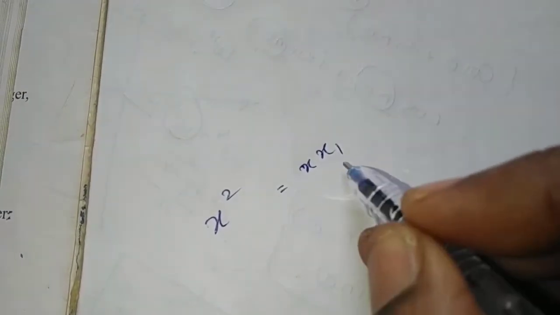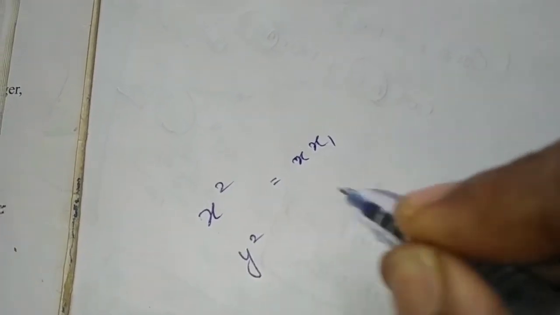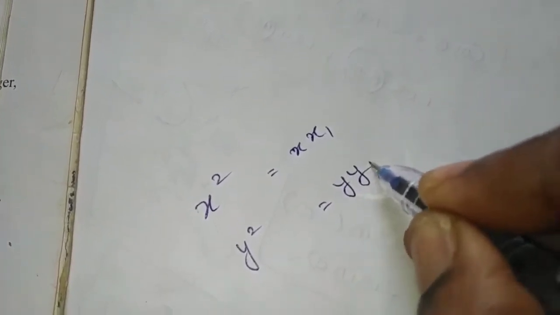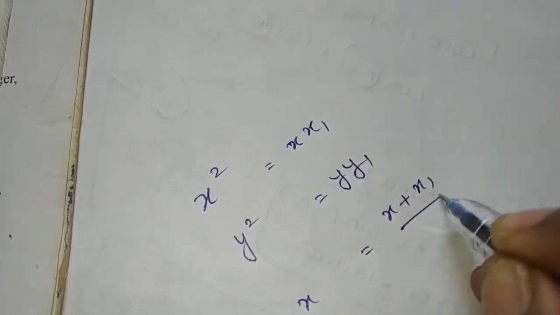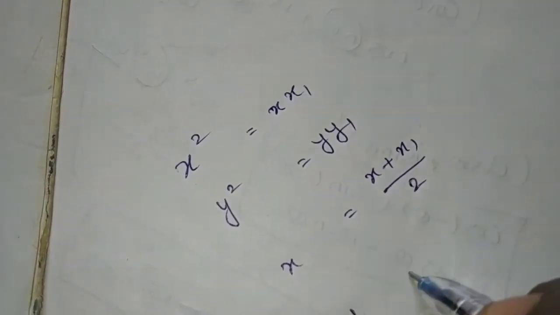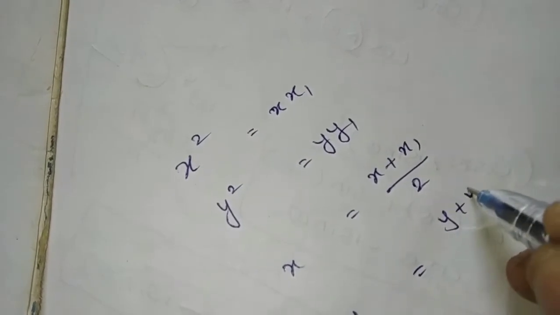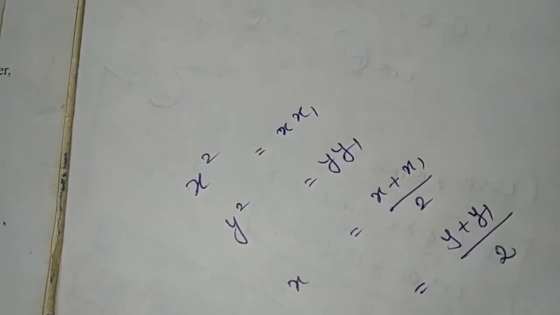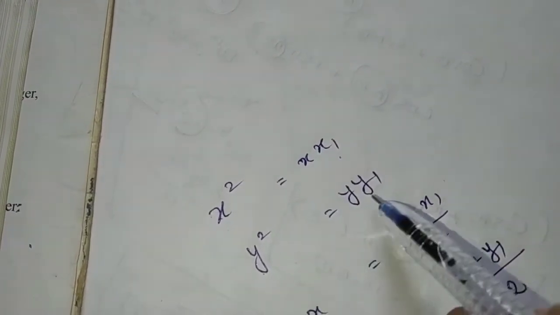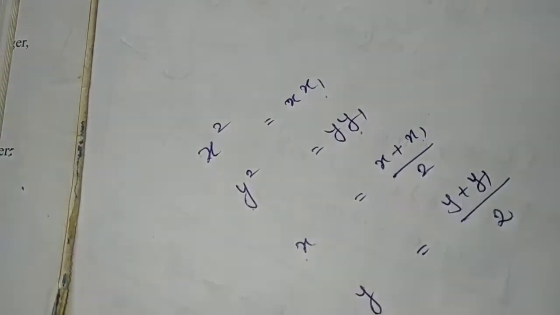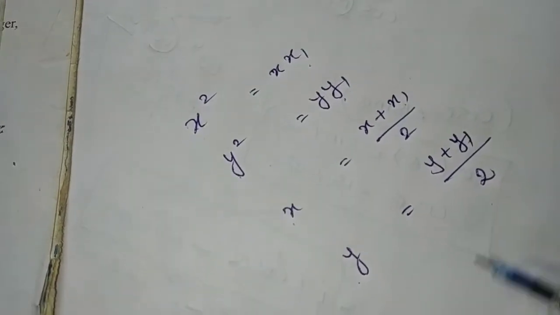Replace x squared by xx1, y squared by yy1, x by (x plus x1) by 2, and y by (y plus y1) by 2.